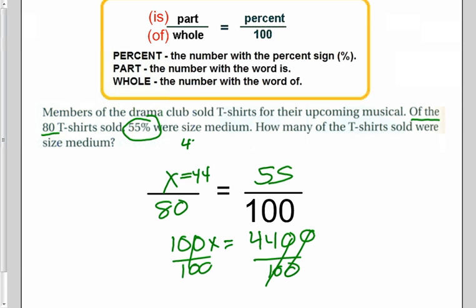I'm going to say 44 t-shirts were medium. So 44 is 55% of 80. And now using estimation, that does make sense because 50% of 80 would be half, which should be 40. 55% is just a little bit more than that, and 44 is a little bit more than 40. So estimation is a great way to see if you're on the right track.